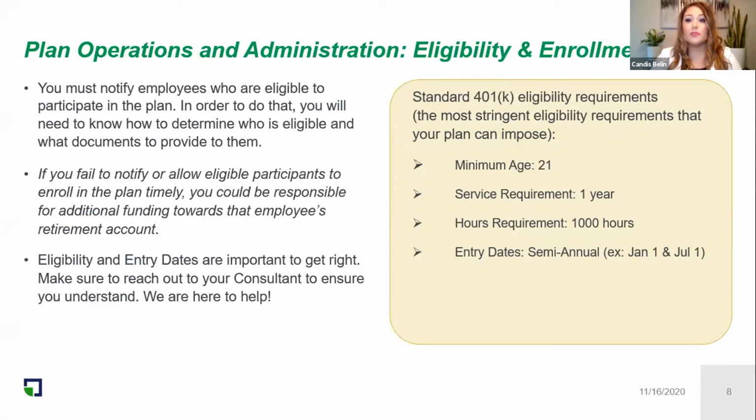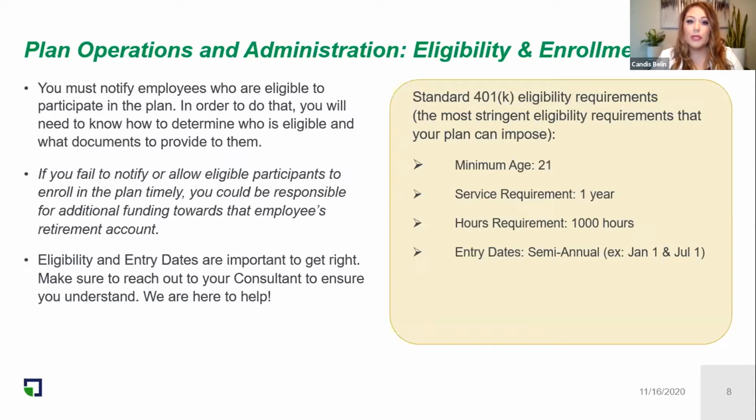When it comes to eligibility and enrollment, these are some things that you as a plan sponsor are required to understand. When we're gathering the census data at the end of the year, it's already been basically a full year. So if we determine somebody's eligible and you didn't quite know that or understand how that worked, it could cause some issues.